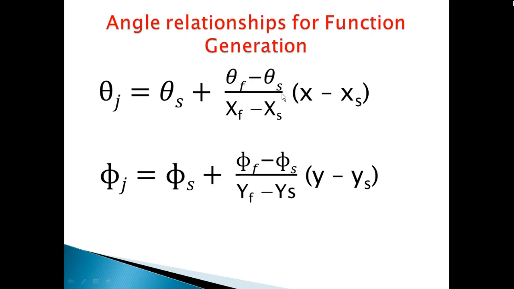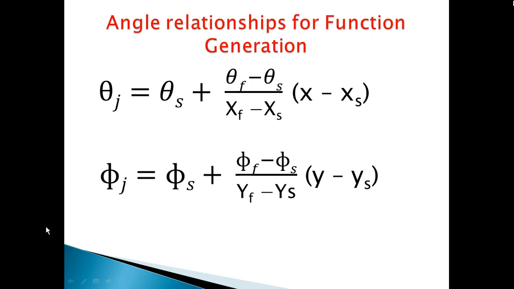That can be calculated with the help of, once again, the Chebyshev spacing formula, that is theta j equal to theta s plus (theta f, that is the final input angle, minus theta s, the starting input angle) upon (xf minus xs, that is the starting and finish linear displacement), into (x, the point at which you have to find the precision point, where x represents the precision point value, minus xs).